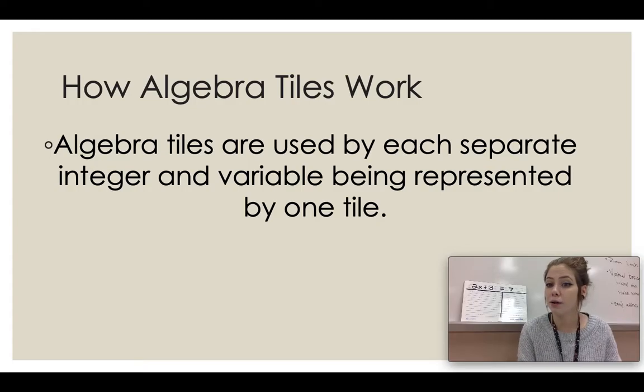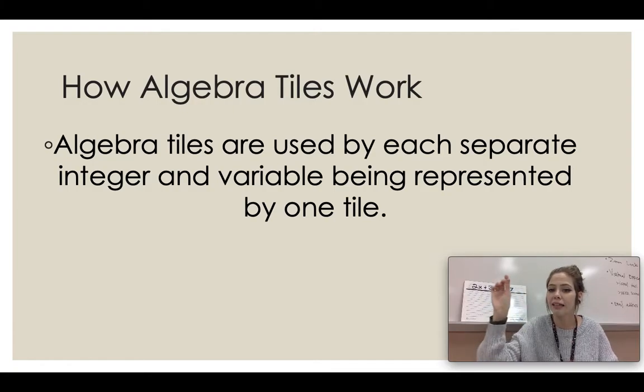Awesome. A variable is an unknown number, right? So each integer number and each variable unknown number is going to be represented by one tile each. So in this case, 3 won't be a little tile with a number 3 on it. It's going to be 3 little tiles that each have a 1, because 1 plus 1 plus 1 is 3.